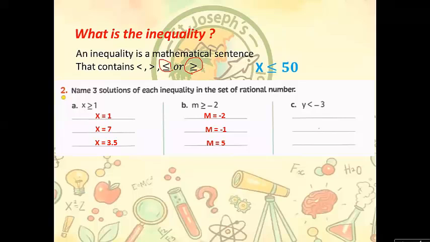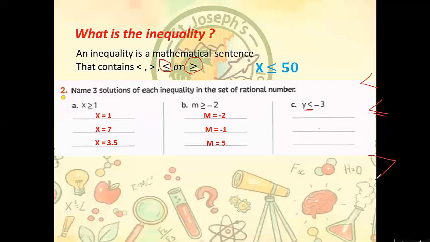Okay, letter C, y is smaller than -3. Y smaller than -3, it may be -4. Can I write y equals -3? No, because he said y is smaller than, just smaller than, not equal. This mark is smaller than, and this is smaller than or equal.